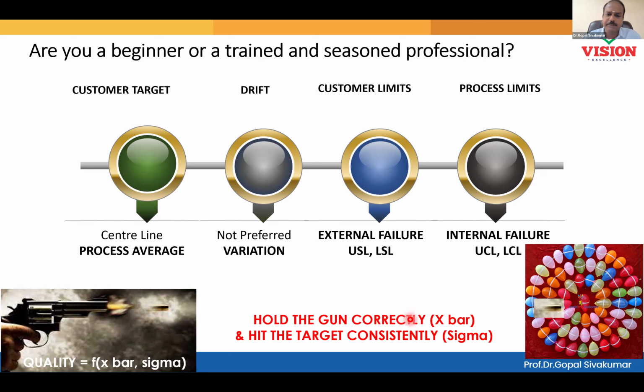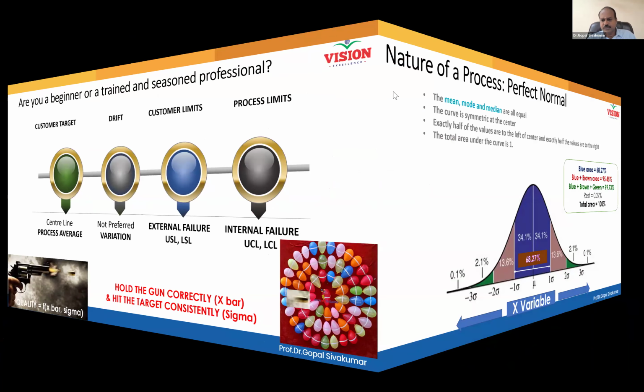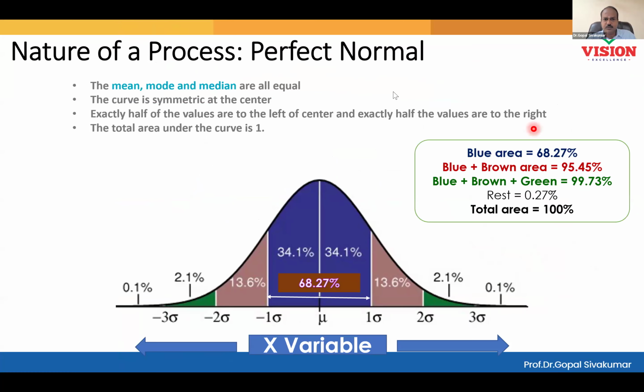So hold the gun correctly and hit the target consistently by effective control. So this is why we have taught you normal distribution. Hope all of you now understand why we should know the properties of the normal distribution.